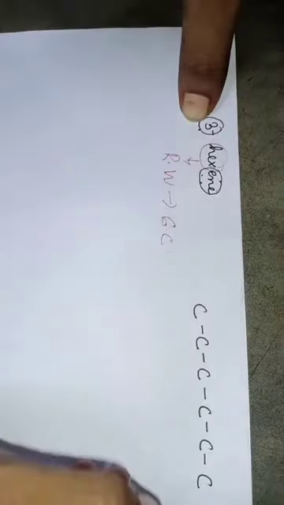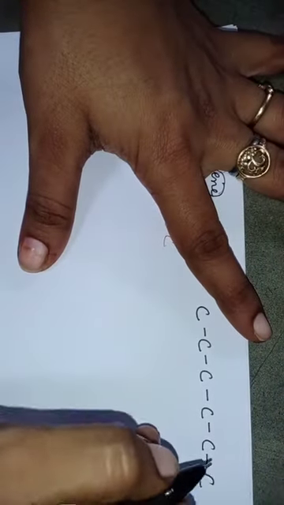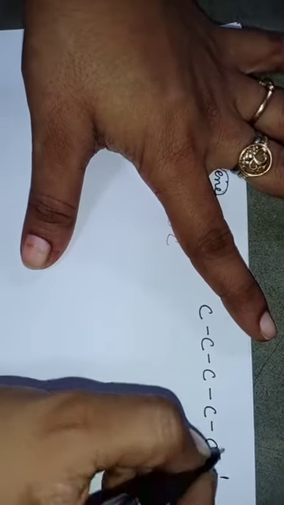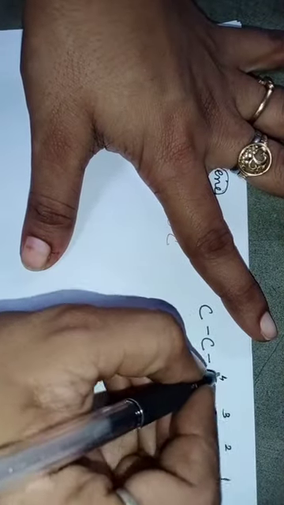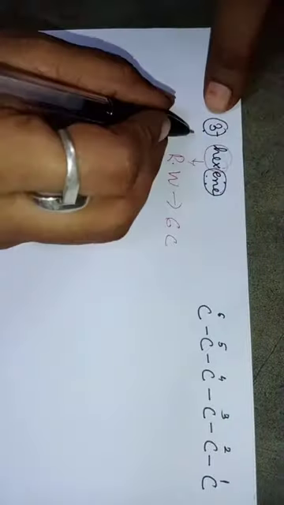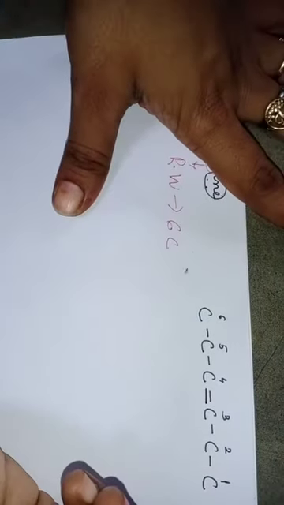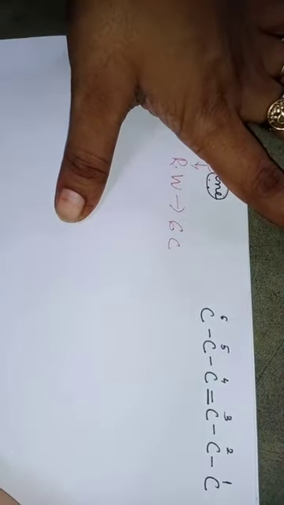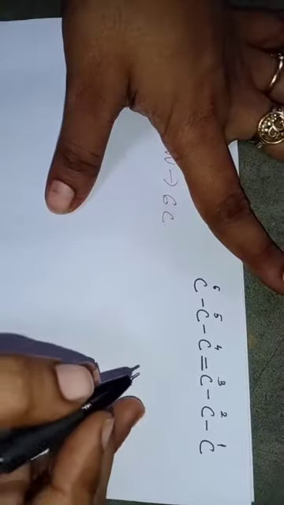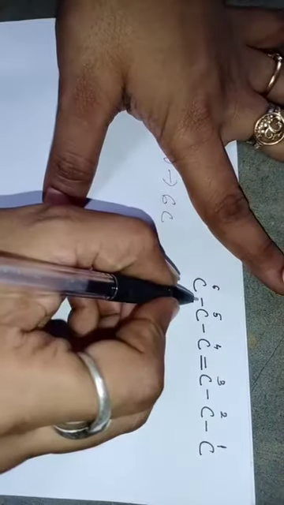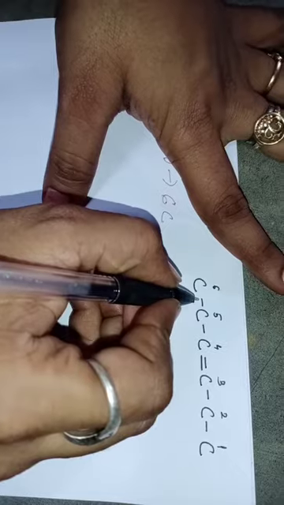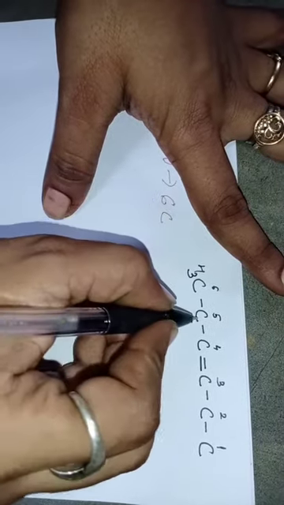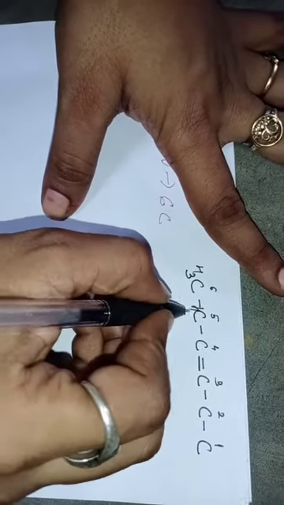Okay, so first you give the numbering from any end. Say I am giving the numbering from this side, 1 2 3 4 5, 6. So on the third position I have to draw the double bond. So it will go from third to fourth. So I have already drawn it. Now you satisfy the rest of the valencies with hydrogen. See here, one carbon bond is already there, 3 with hydrogen. 2 are there, 2 with hydrogen.